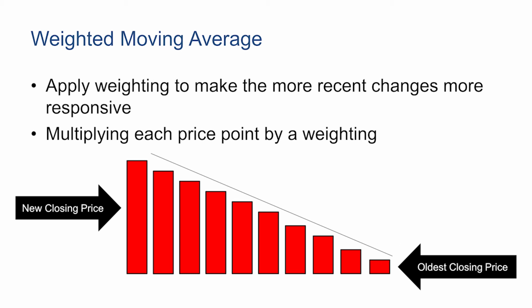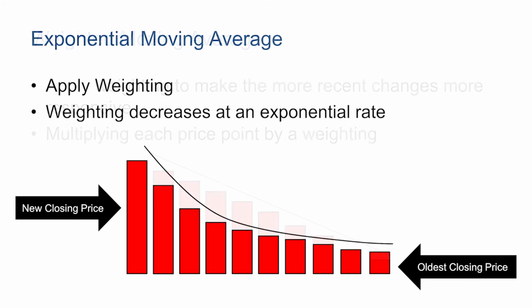Now, the weighted moving average actually has much of the same characteristics as an exponentially weighted moving average. All you're doing is changing the math from which the weightings to each data point is weighed. So the weighted moving average is more of an arithmetic, very linear weighting, while an exponential weighting exponentially weighs the more recent data more than the back data. And so they both have the same characteristics.